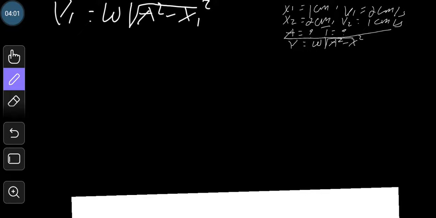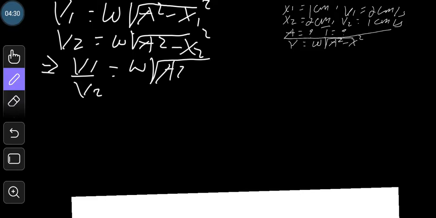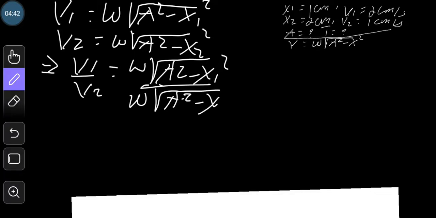The same is true: v2 is equal to omega times under root amplitude square minus x2 square. Then v1 over v2 is equal to omega times under root amplitude square minus x1 square over omega times under root amplitude square minus x2 square.